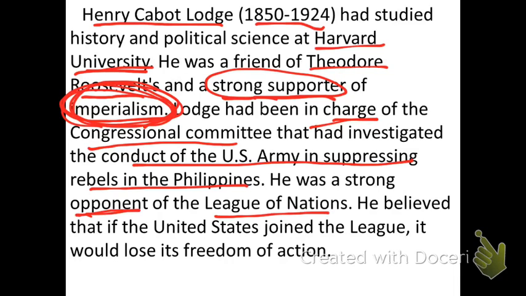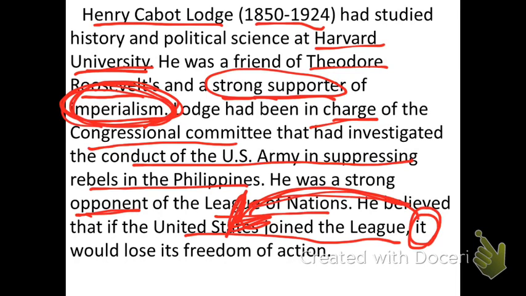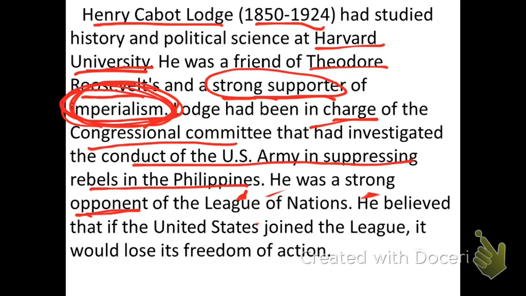Well, he believed that if the United States were to join the League, then the United States would lose, and this is the key word right there, lose much of its freedom of action.